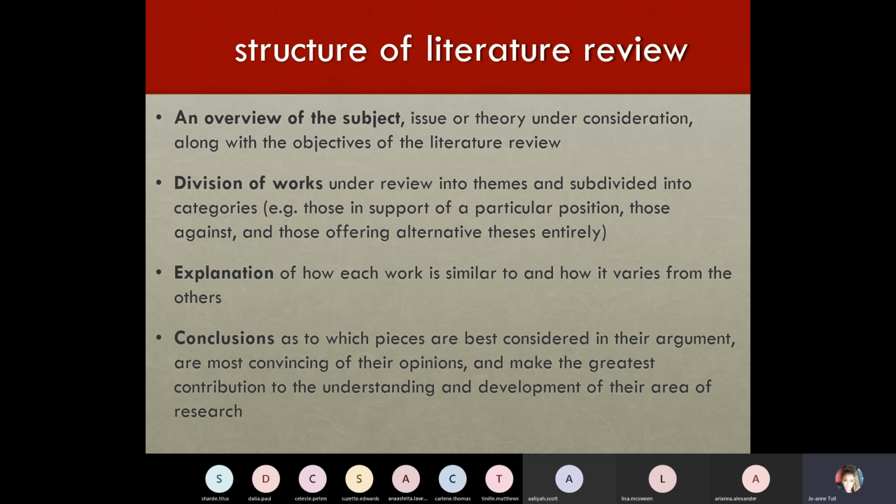The first phase is building something called an annotated bibliography. And the second phase is using the annotated bibliography to create the actual literature review, the one where you write it out in paragraphs and sentences. Do you understand now?